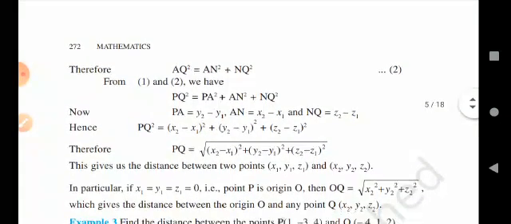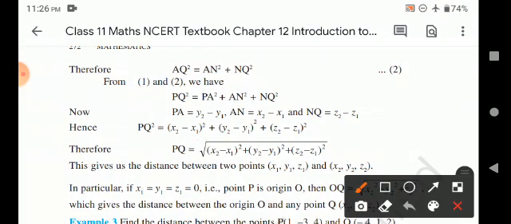Therefore, once again by Pythagoras theorem, we can write AQ square is equal to AN square plus NQ square. This is our equation number 2. From equation number 1 and 2, PQ square can be written as PA square plus AN square plus NQ square.